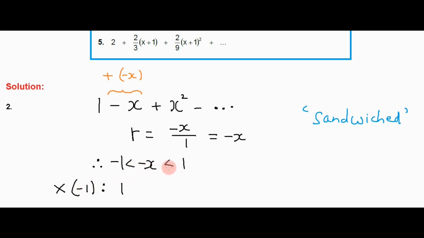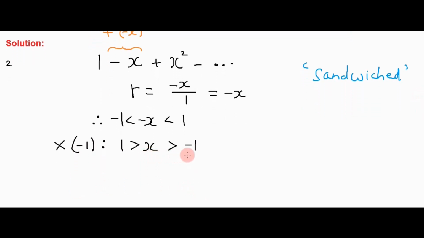So these two inequalities will switch around. -x multiplied by -1 is +x. And 1 times -1 is -1. Now, it's always conventional to write a smaller number on the left-hand side of a sandwiched inequality. So we merely flip this inequality. So -1 less than x less than +1.